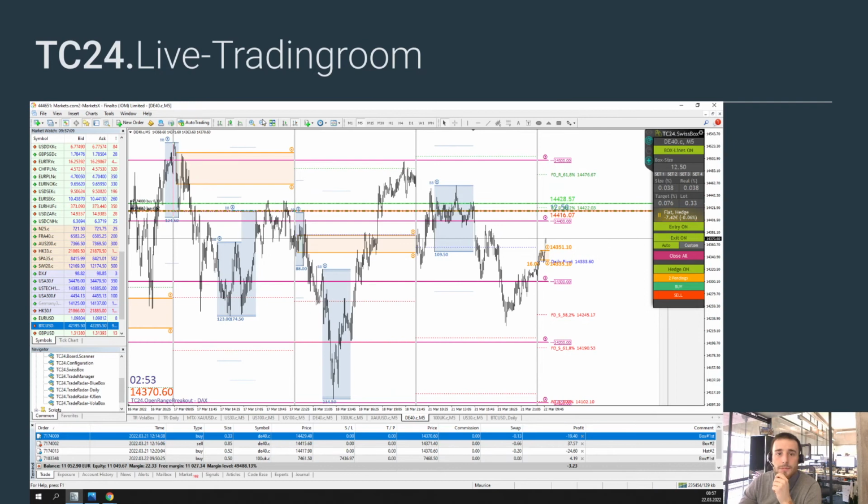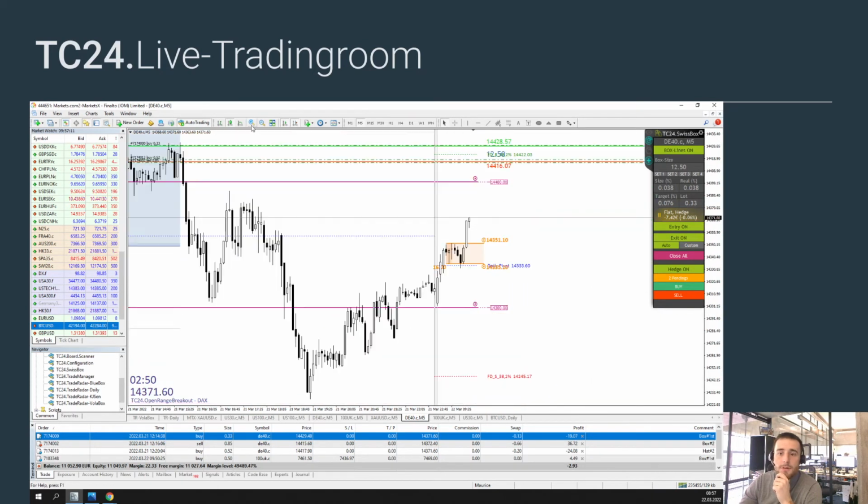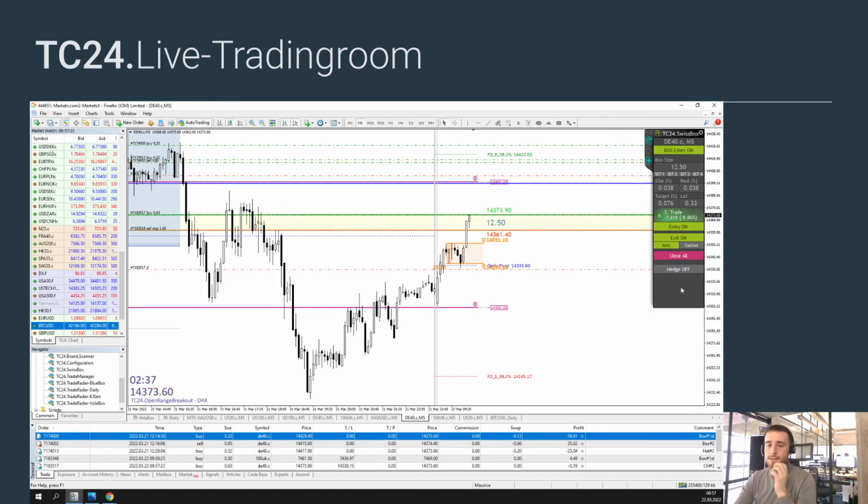Technically we do have enough space on both sides between both lines. So daily pivot, more than enough room there, and more than enough room here. Let's go for a release there as a buy. So what I was just doing there was measuring how many points we have from this area to the big number.